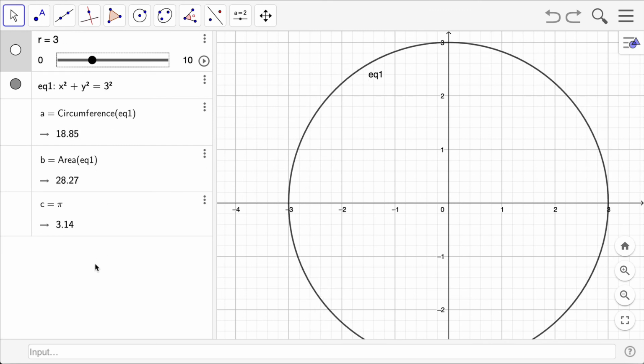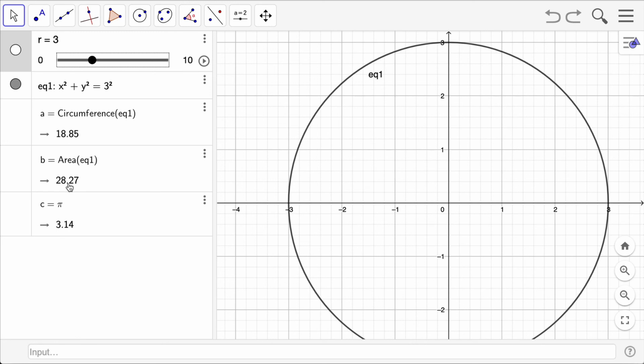Let's try radius 3. What is radius 3 like? Well, here we have 6 times pi, and over here we have 9 times pi. So how is 6 related to 3? Well, it's 2 times 3.